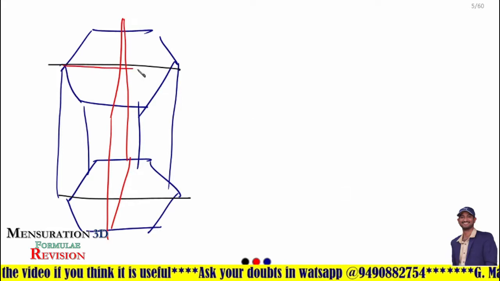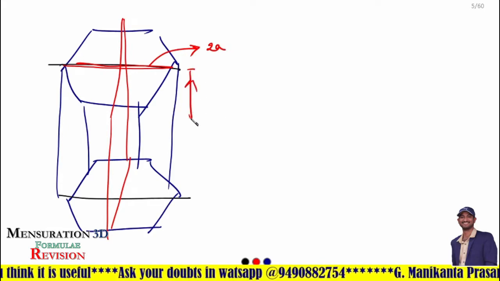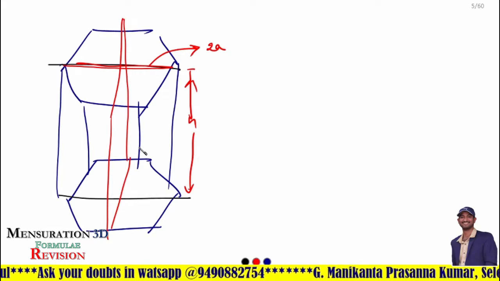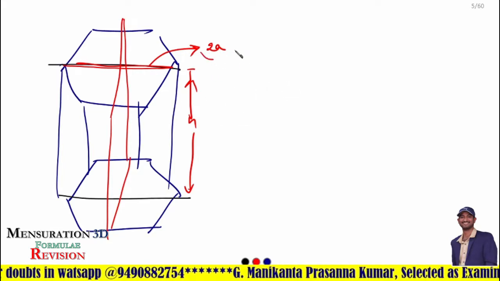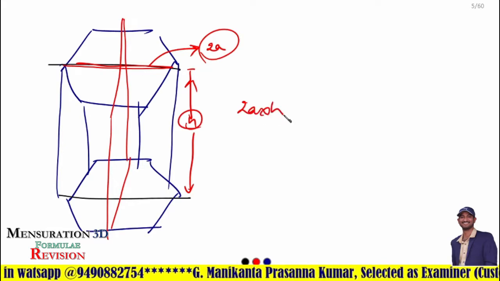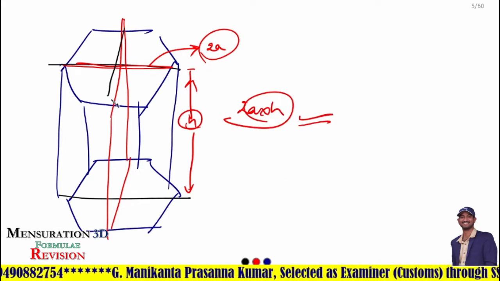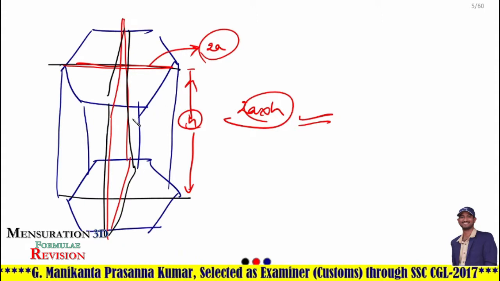Along any two opposite vertices, the distance is 2a and the height is h. If you cut the hexagonal prism into two equal parts like this, the extra total surface area you get is 2a into h.